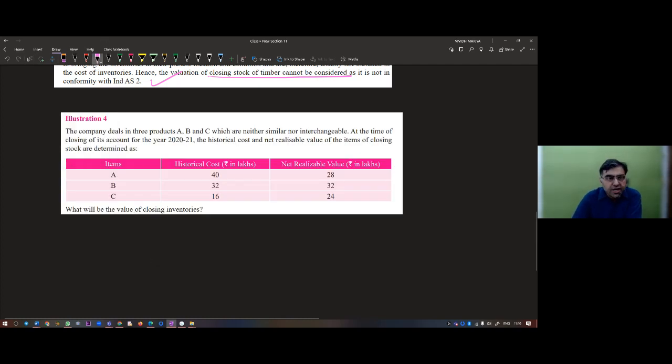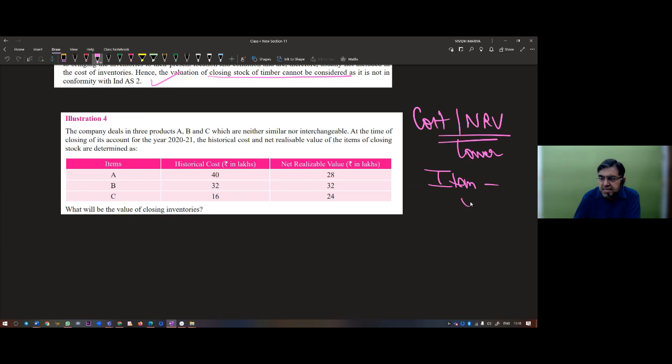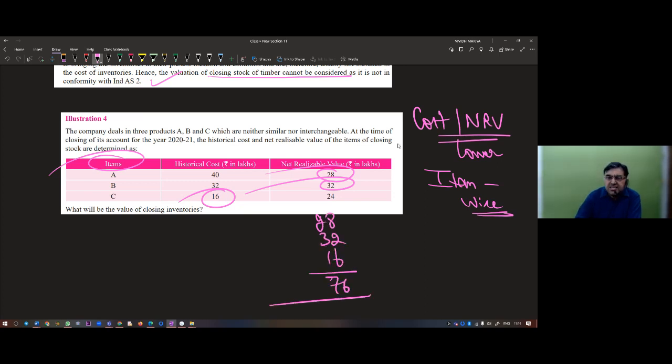The stock is carried at cost or NRV, whichever is lower, item wise. So item wise 28 is lower, 32 is lower, and 16 is the same. So the closing stock will be carried at 28, 32 and 16, and 76 lakhs is the answer.